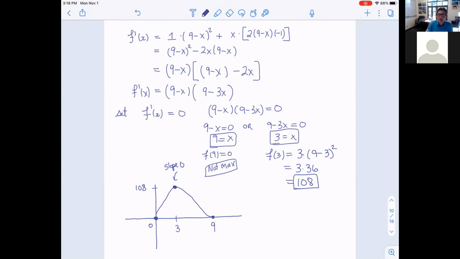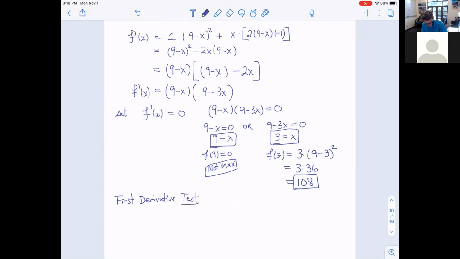Drawing a graph using a graphing calculator would be a way to confirm what we've been doing. But if we want to really solidify everything, we could use the first derivative test to really emphasize that this is going to give us a maximum.